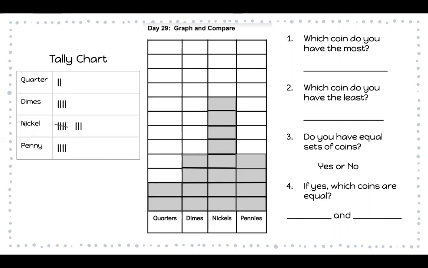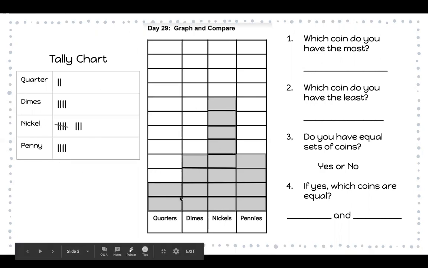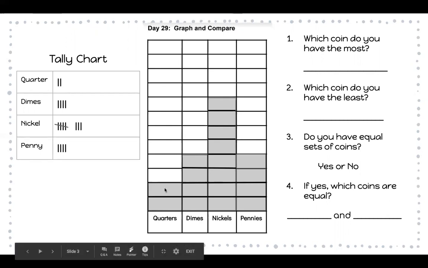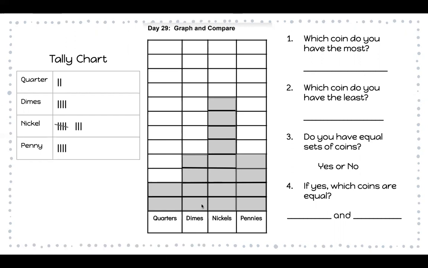Now, once I've created my tally chart, I will fill it into my graph. Each box is the same as 1 tally mark. So I have 2 quarters. So that means I fill in 2 of these boxes. 1, 2. I have 4 dimes. So I have 4 boxes colored in. 1, 2, 3, 4. Now for nickels, I have 8 nickels.